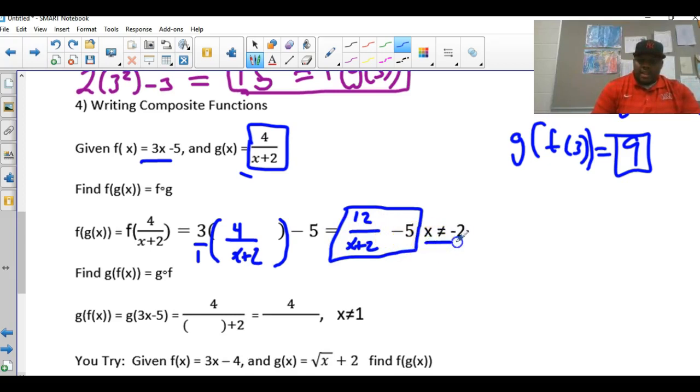Then you have to find the domain restriction again. If you take the x plus 2, set it not equal to 0, and solve it, you get x is not equal to negative 2. Remember, when you have a fraction, you have a restriction. Fraction, restriction.